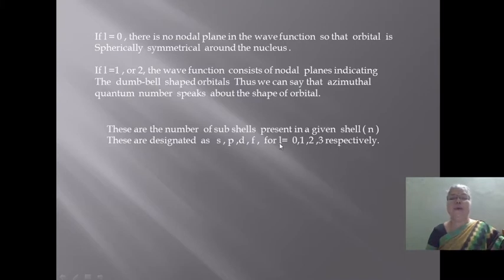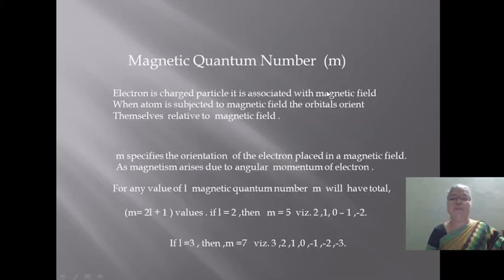That means when L equal to 0, that subcell is S. When L equal to 1, that subcell is P. When L equal to 2, the subcell is D, and for L equal to 3, that subcell is denoted by F. This is the azimuthal quantum number, and it speaks about the shape of the orbital.